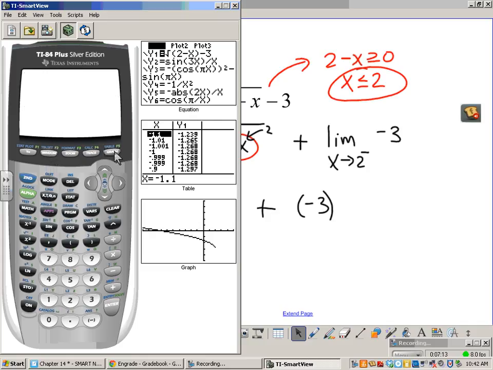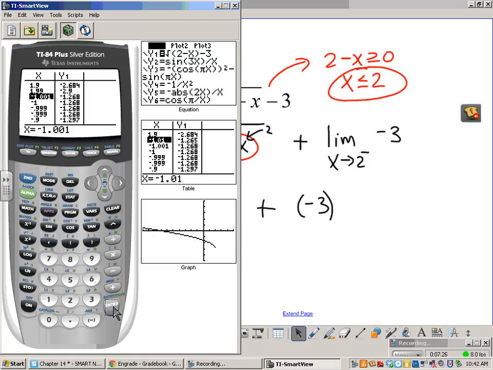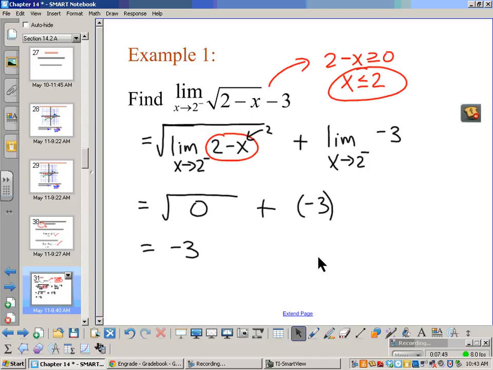So I'm going to go to my table and plug in some values, approaching 2. I'll start with 1.9, then 1.99, 1.999, and then I'll enter 2. It does look like we're also approaching -3. So in this case, the limit of this function as x approaches 2 from the left, the left-hand limit, is going to be -3.